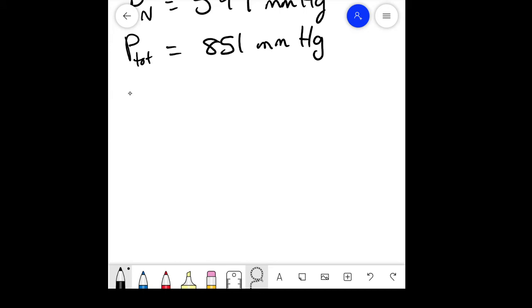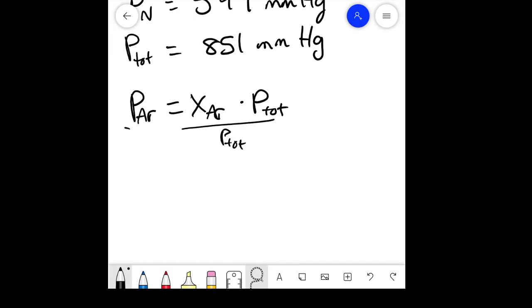So we know the formula is partial pressure equals mole fraction times total. So just like we were doing with the gas laws, we're trying to find x, we just need to divide by P and get x equals PA over P total.